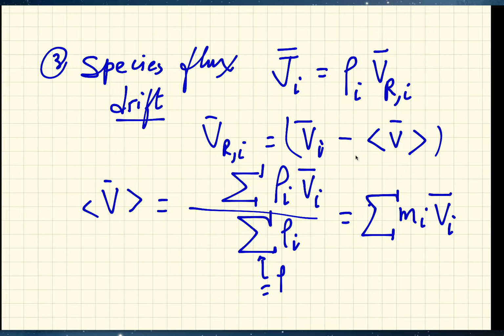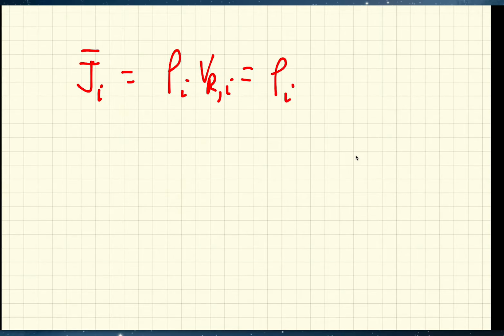If we plug this back in here, the species flux J sub I is equal to rho sub I times the relative velocity, which is rho sub I times v sub I bar minus the average velocity, with a bar on top to indicate that it is a vector.